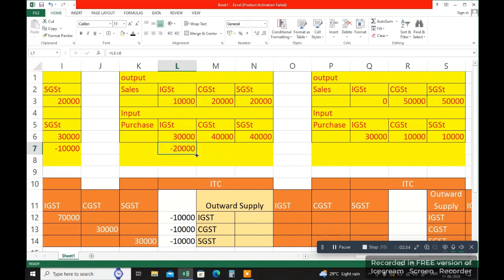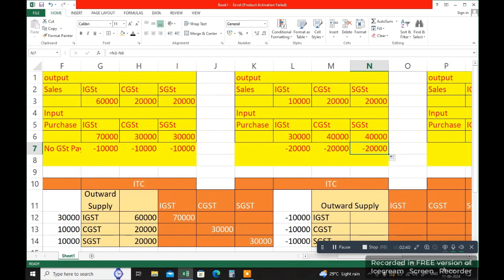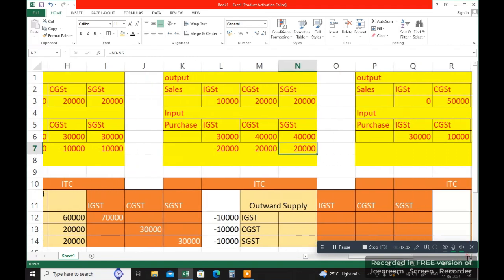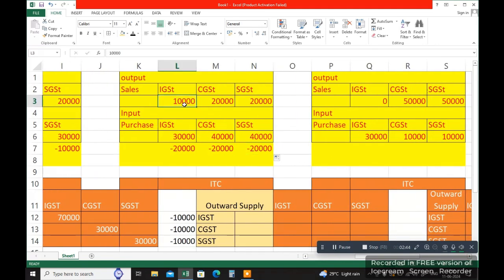So all are negative. This I have already explained to you. I'll make the changes in the data here. So assume that this is 40,000 and the rest is negative. In this case, IGST is positive and CGST, SGST is negative.